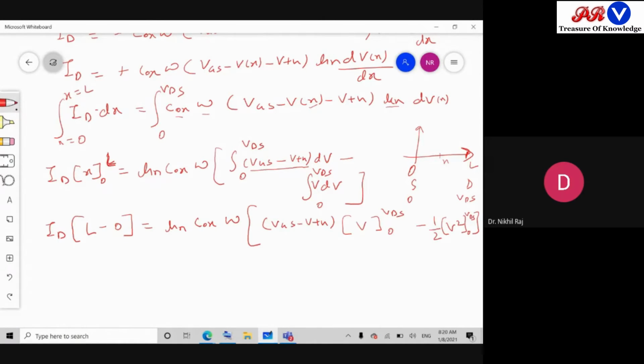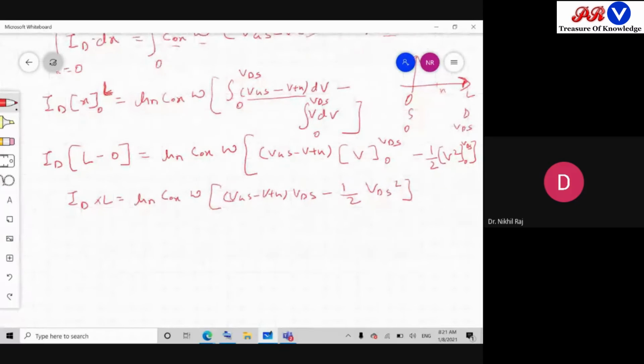Right. So we can rewrite this equation as ID into L equals mu n Cox W, and it will be (VGS minus VTH) into VDS minus half VDS square.